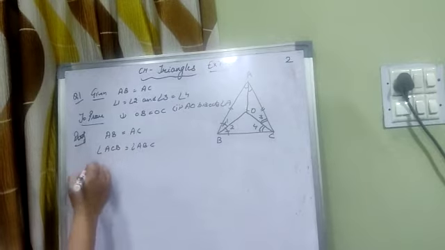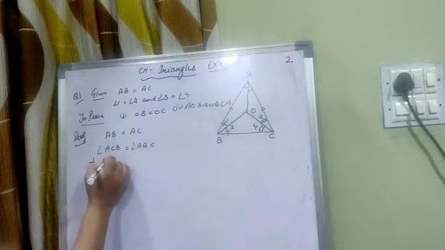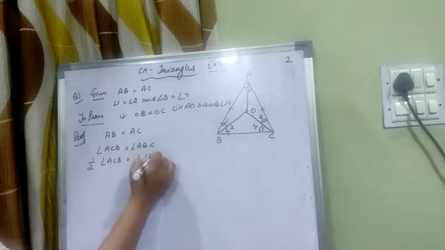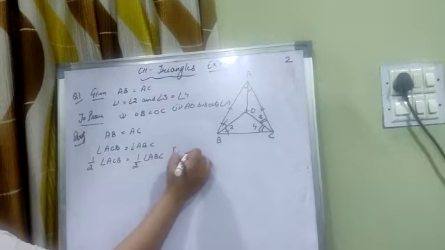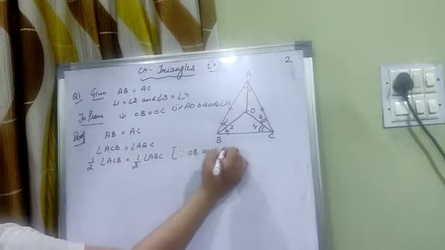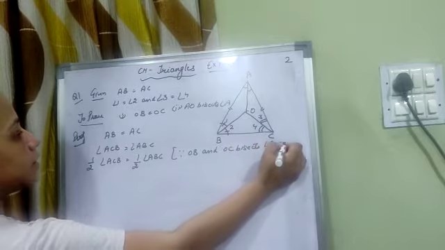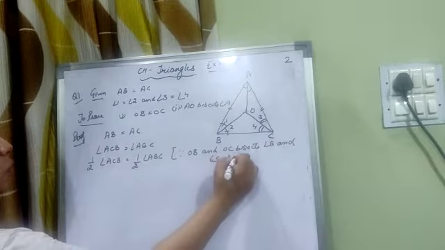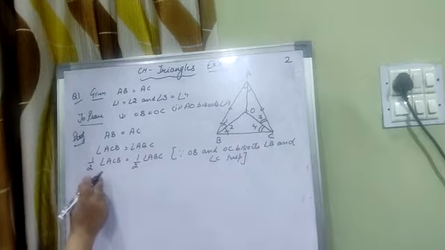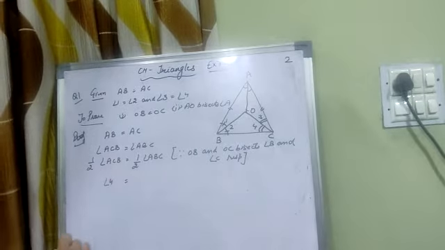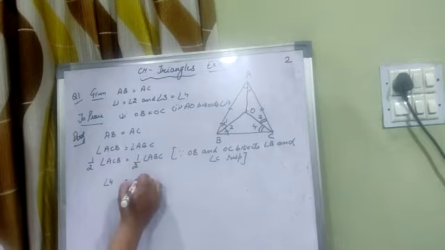If the total angles are equal, then their halves are equal because OB and OC bisect angle B and angle C respectively. Now half of ACB is angle 4 and half of angle ABC is angle 2.